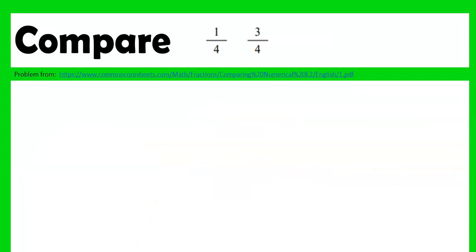So our first question asks us to compare 1/4 and 3/4. Today we're focusing on comparing fractions using common denominators.